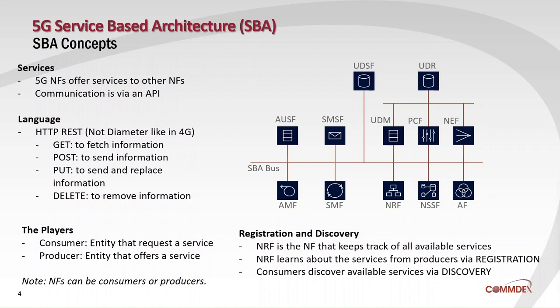The 5G architecture can be depicted in an SBA or service-based architecture form as shown in the diagram, or in a point-to-point reference form similar to 4G. The service-based architecture offers the flexibility of having multiple entities serve the same function with different capabilities and services.